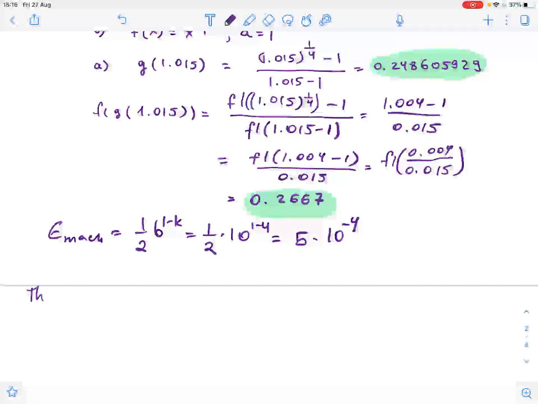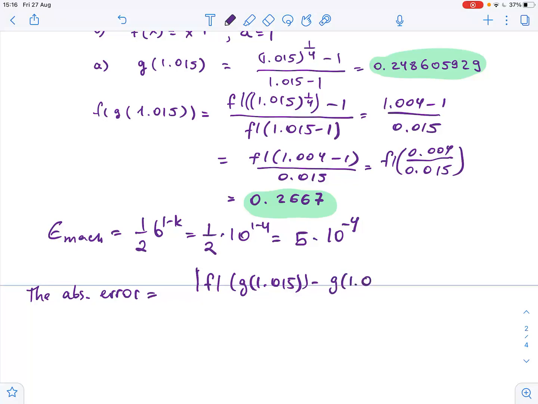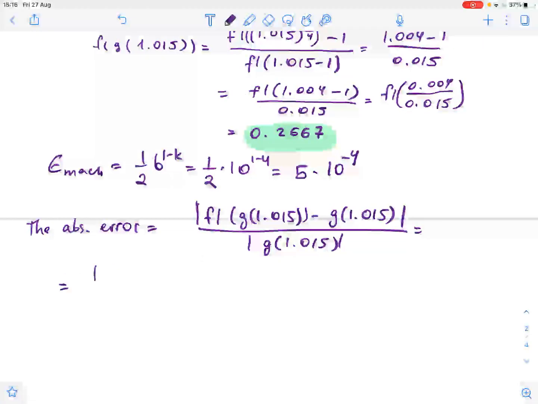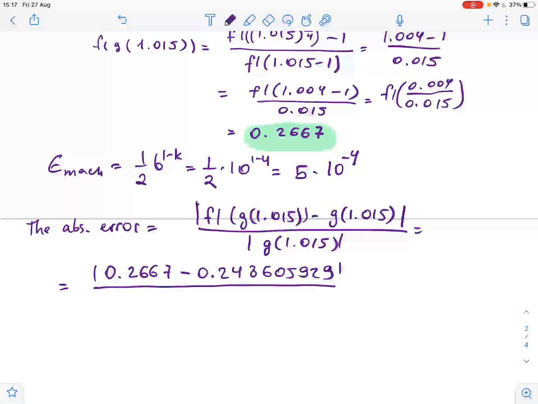So the relative error equals the absolute value of FL of g of 1.015 minus g of 1.015 over the absolute value of g of 1.015, and this equals the absolute value of 0.2667 minus 0.248605929 over the absolute value of 0.248605929, and this equals 0.073.